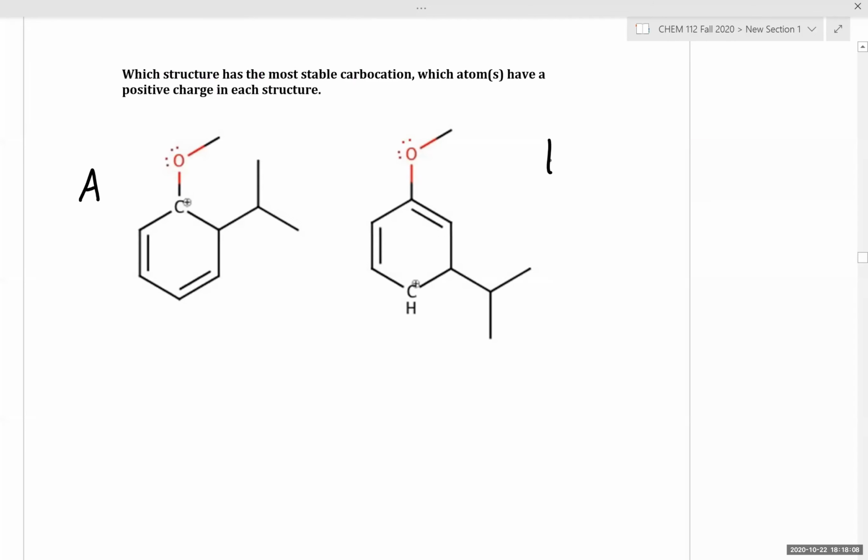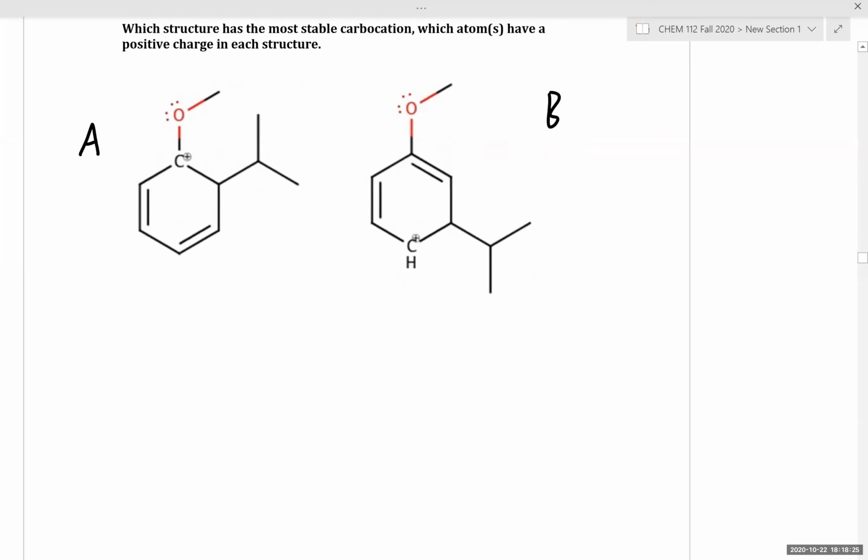So we have structure A and B. This is another sort of textbook Friedel-Crafts intermediate. And I'd like you to tell me which of these two cations is more stable. And you may need to draw out some resonance structures in order to completely answer this question. So which of these cations is more stable and why?